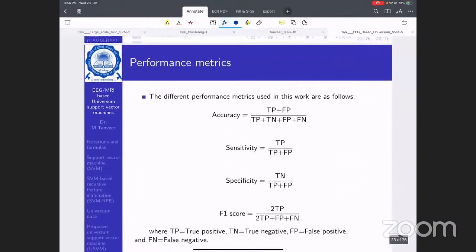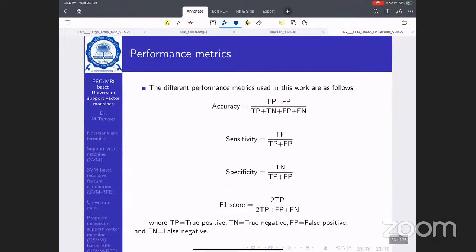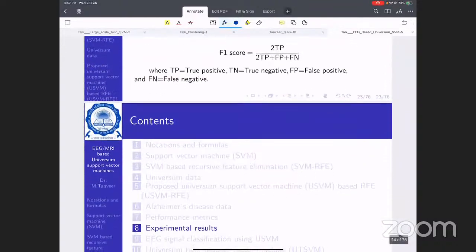There is other data also, like OASIS data. It depends on whether you need more data or less data, depending on your kind of formulation. For evaluation, we use accuracy, sensitivity, specificity, F1 score, and a few others.